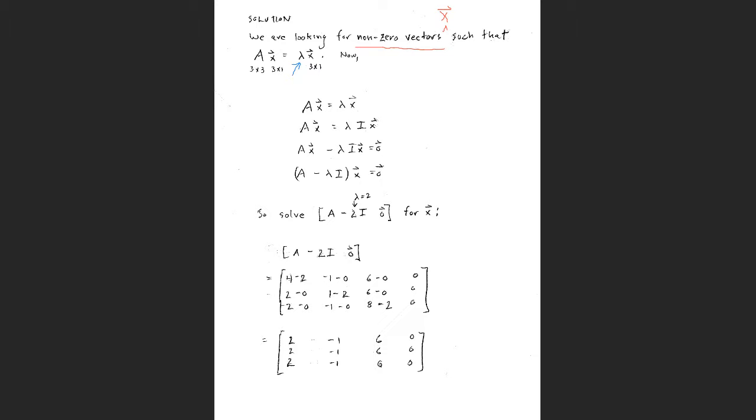So how are we going to find these eigenvectors? If A times X equals lambda times X, I can write lambda times X as lambda times the identity times X, because the identity times the vector X is just the vector X, right?